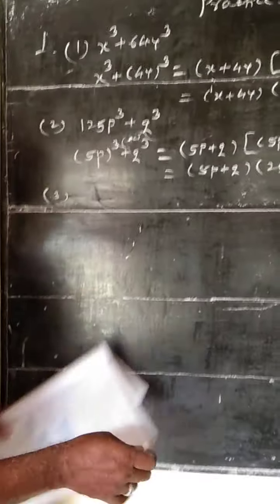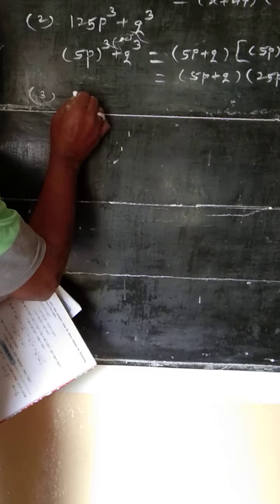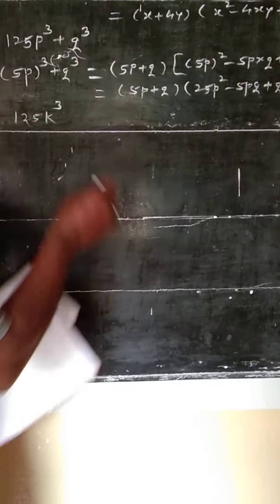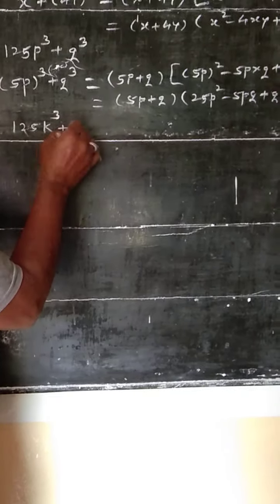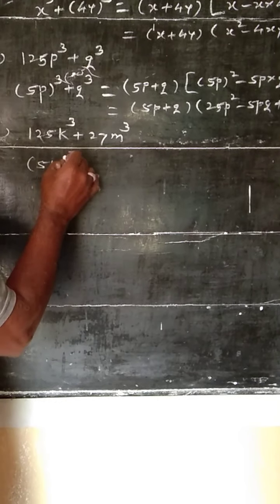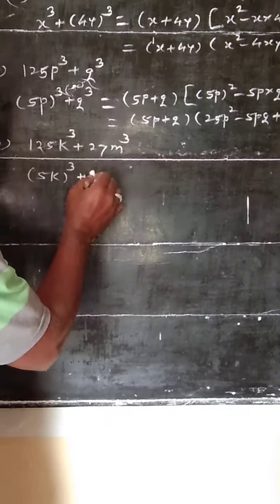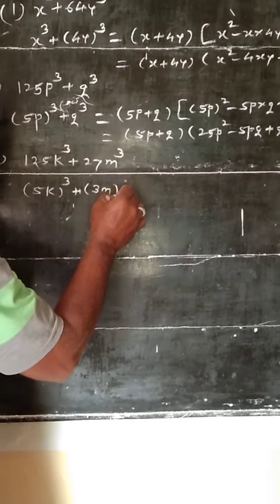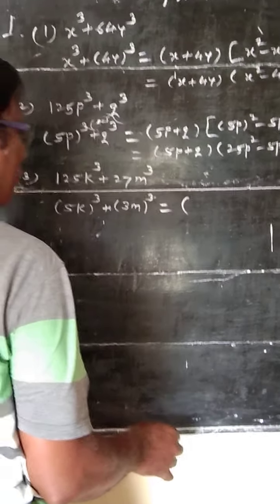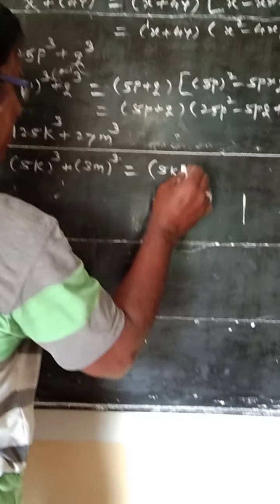Third one is 125k cube plus 27m cube. 125k cube is the cube of (5k) bracket cube, plus 27m cube is (3m) bracket cube. Then in the first bracket, the sum of the cube roots, 5k plus 3m.